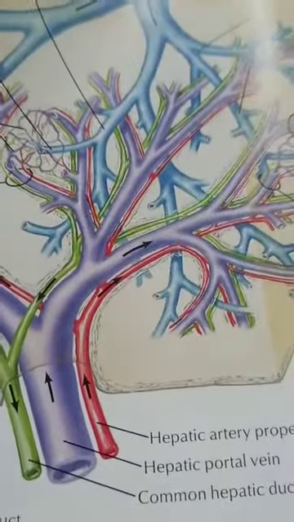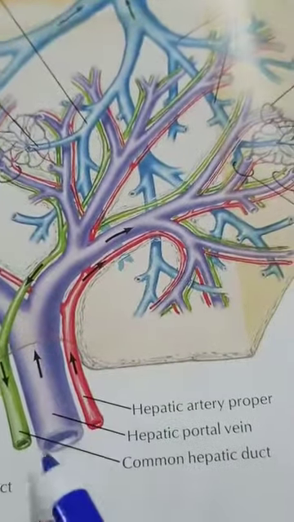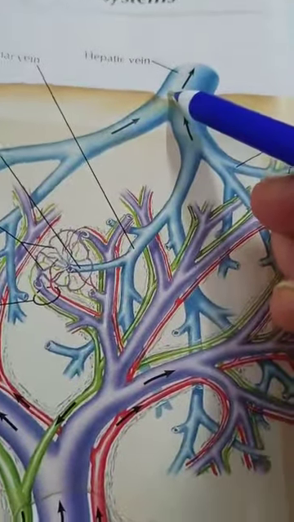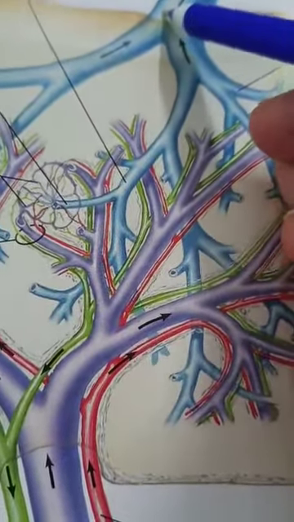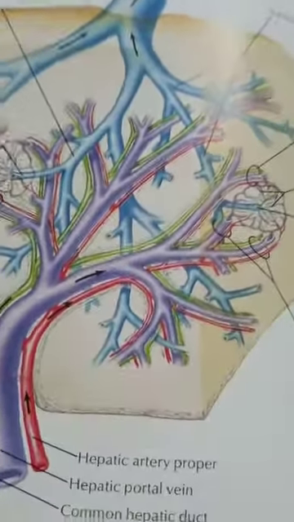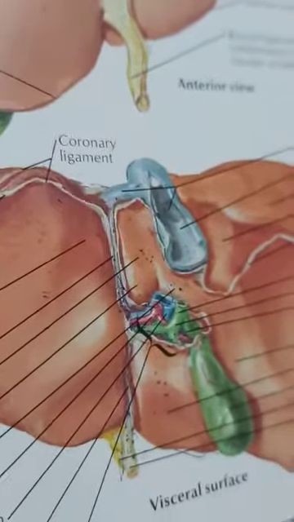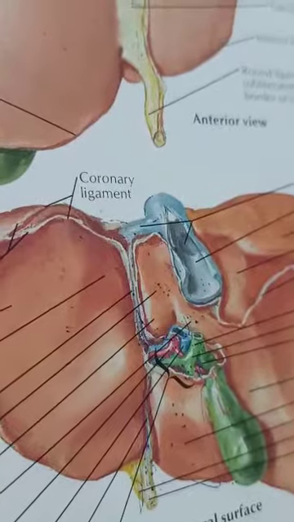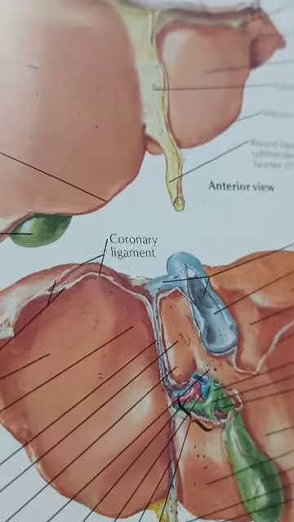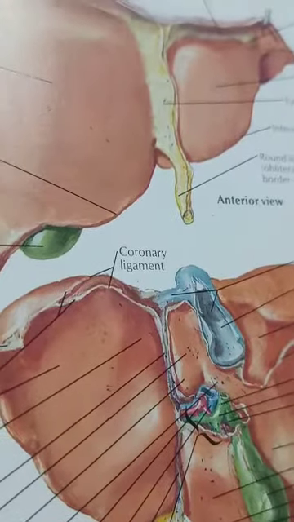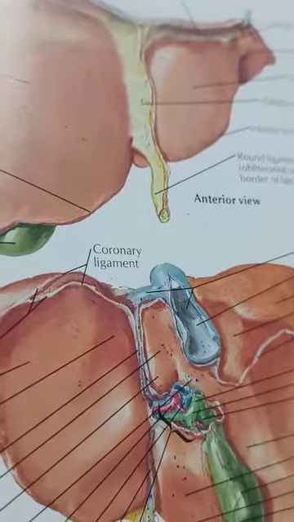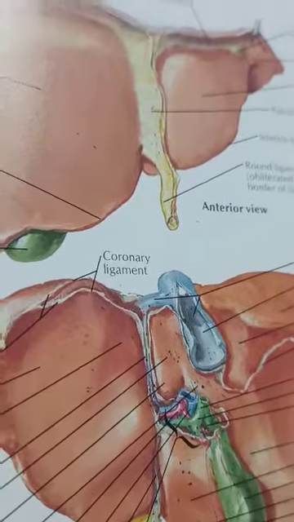Then lymphatic drainage: the superficial lymphatics drain mainly to the caval, hepatic, and celiac lymph nodes, to the celiac lymph nodes. Then nerve supply is by the hepatic plexus, which contains sympathetic and parasympathetic fibers.